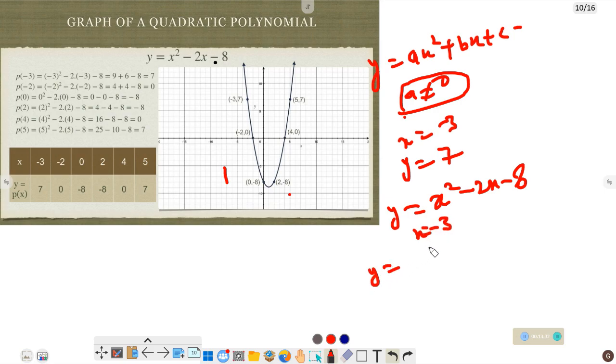So y equal to minus 3 square minus 2 times minus 3 minus 8, and we solve it. We get the value of y, that is 7.